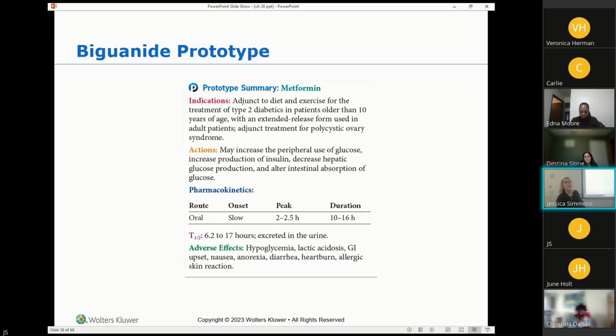The most common reason for non-compliance with metformin is the GI effects. It will make you poo your pants. People have a really hard time with diarrhea. They don't like it. They don't want it. So if you stop taking the drug that causes you to have diarrhea all the time, that is being non-compliant.